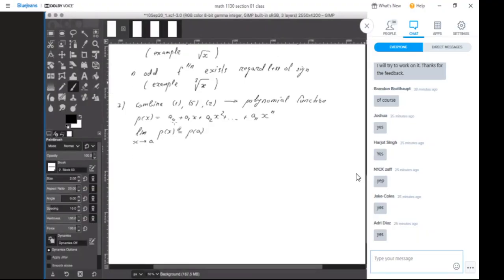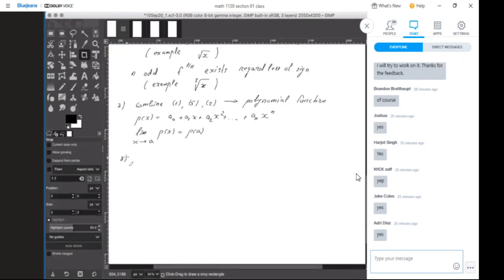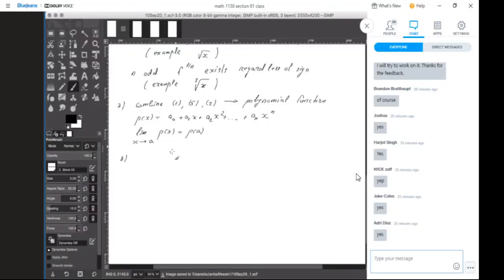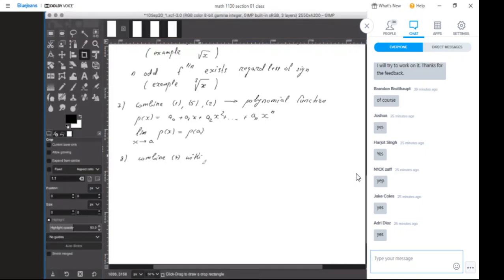So far, so good? Okay, now let's combine number 7 with the quotient. And the quotient was which number? 4.